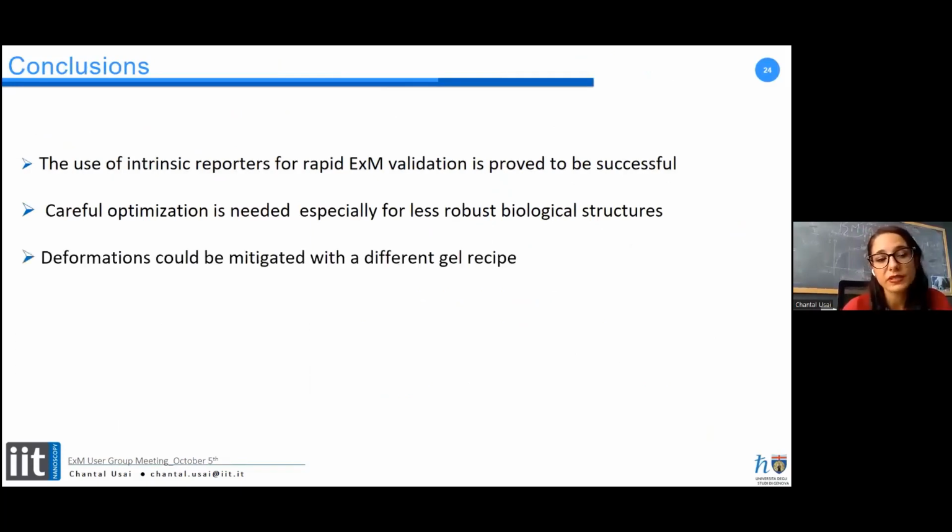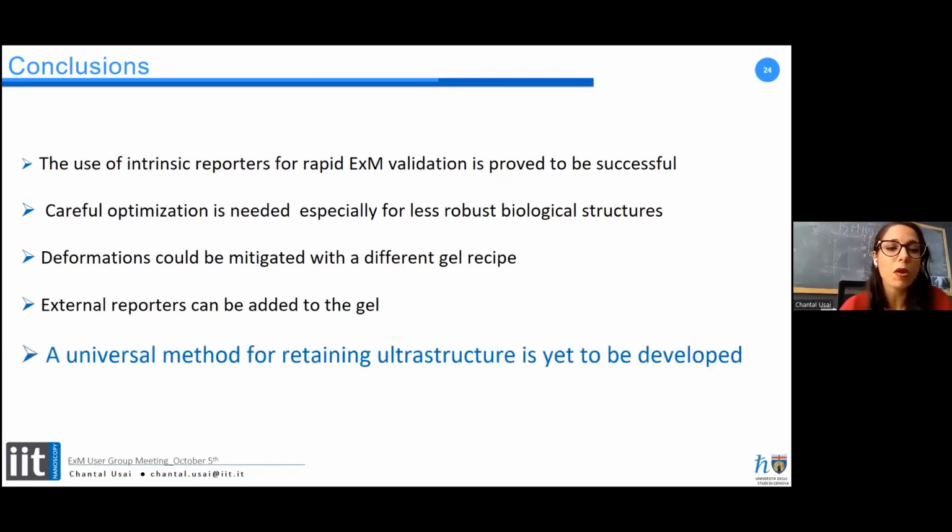But you always have to keep in mind that if you have deformations on your sample, the tuning of the gel recipe you're using can mitigate this effect. And also, you can always have the possibility to add external reporters to your gel. But in conclusion, we can say that there doesn't exist a universal method for retaining all of the ultrastructures in your sample yet.